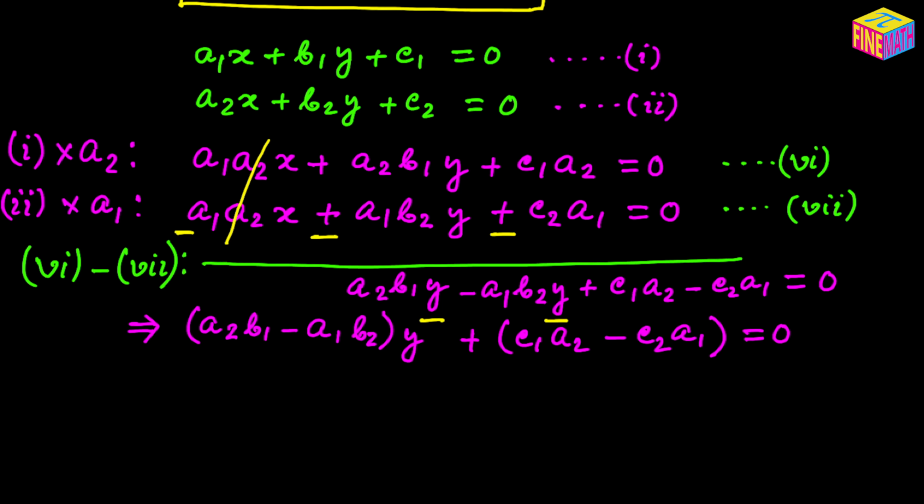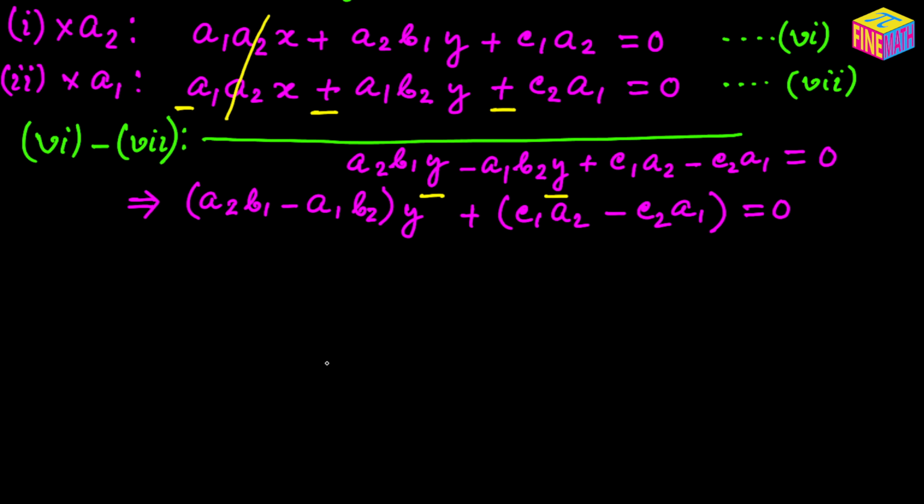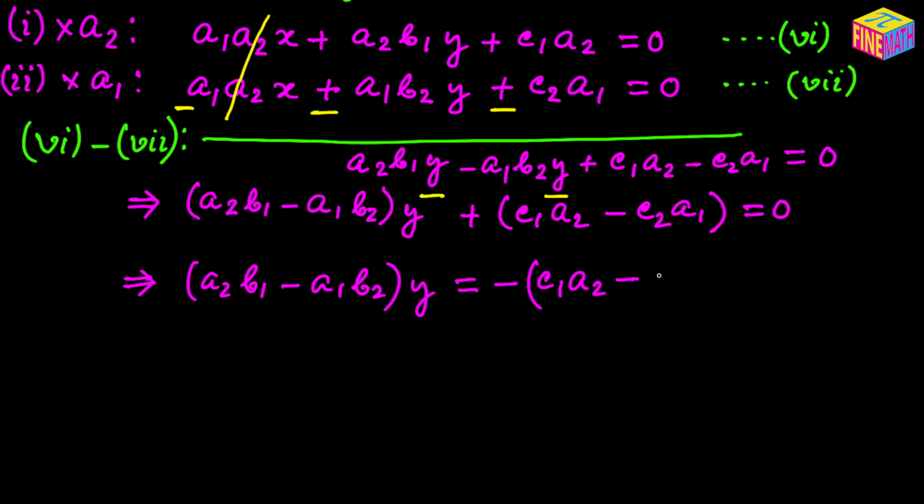And let's simplify a little more to find the value of y here. So from here we can say a sub 2 b sub 1 minus a sub 1 b sub 2 times y is equal to negative of this thing. We are going to bring this to the right hand side, so that becomes negative of c sub 1 a sub 2 minus c sub 2 a sub 1.